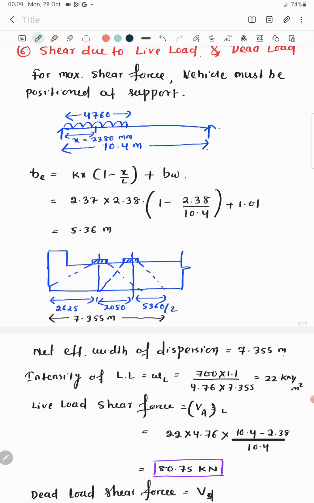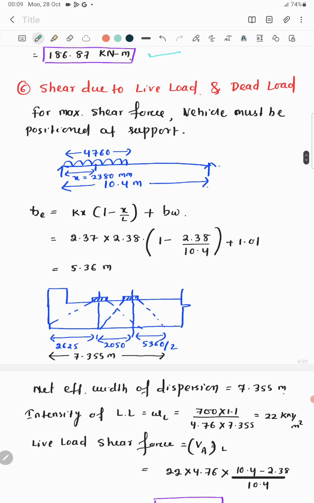So you can see from this figure, here the only change will be the value of x.